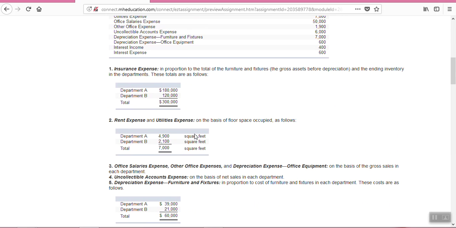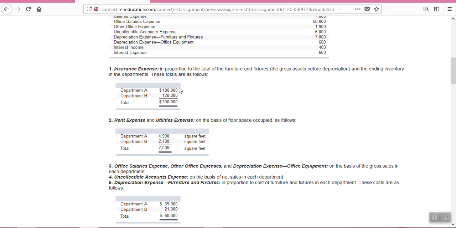So to figure out how to allocate, we're going to take the $180,000 of furniture and fixtures in Department A, and we're going to figure out, well, what percentage is that of the total value? So we're going to take the $180,000 and divide it by 300,000, and that gives us 60%. So in other words, the company owns $300,000 worth of furniture, and 60% of that is used by Department A, which means the other 40% is in Department B.